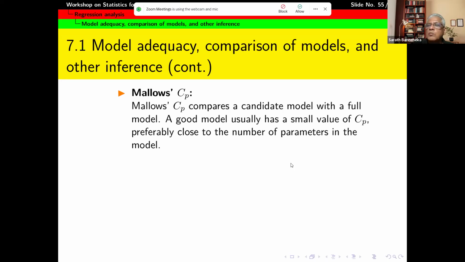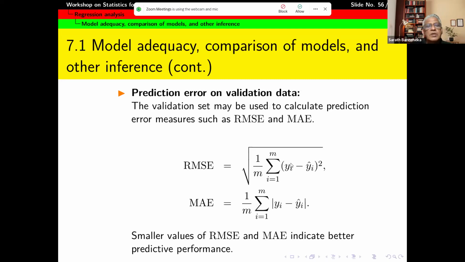Suppose you have one model with 3 variables, Cp is like 3.5. You have another model with another 3 variables, or maybe some of the variables are in common, but still 3 variables. For that, suppose Cp is like 10. So then definitely the model with Cp close to 3 will be better out of those two.